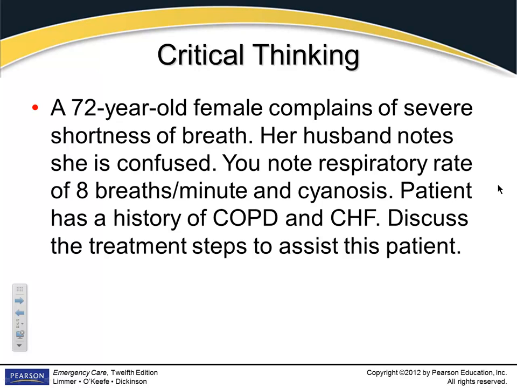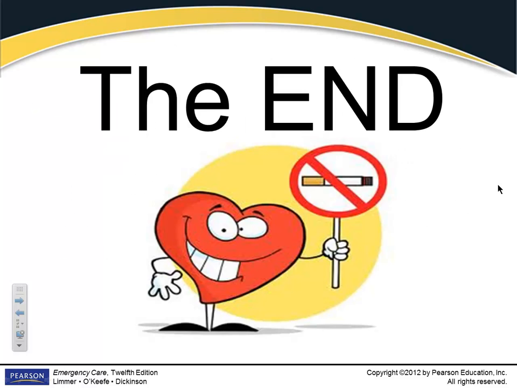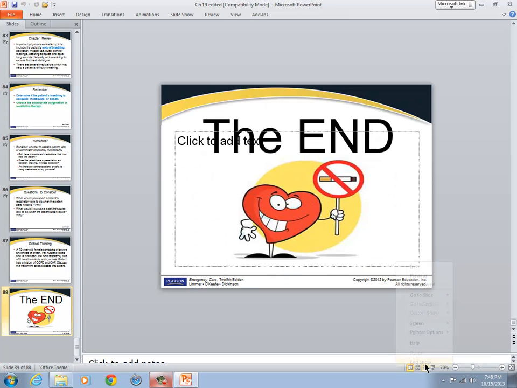We're bagging them because they're not breathing adequately. Yeah, number one, 8 times a minute. Number two, she's confused, which is because she is what? Hypoxic. This tells you also that she is hypoxic. Yeah, absolutely. Number one, we're bagging this patient. Ta-da! Okay?